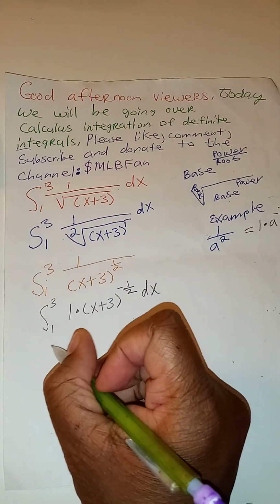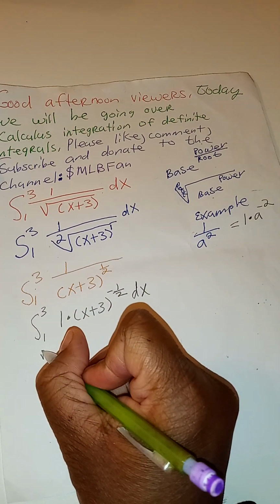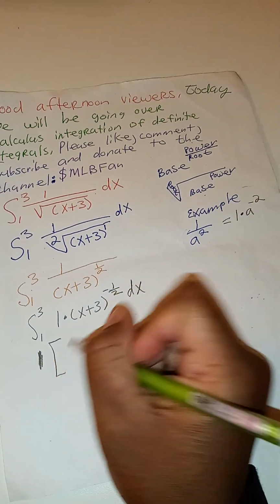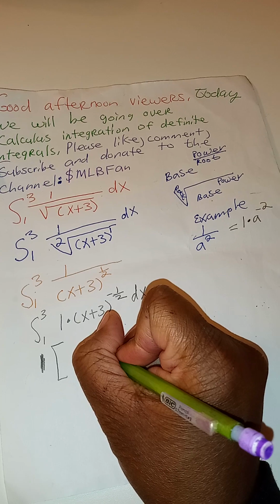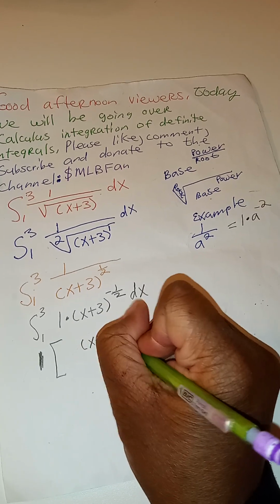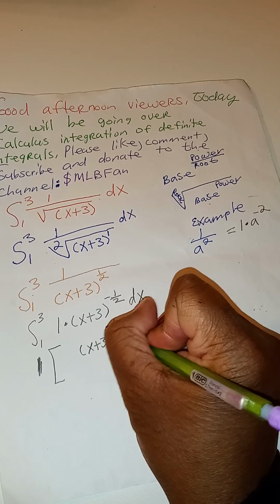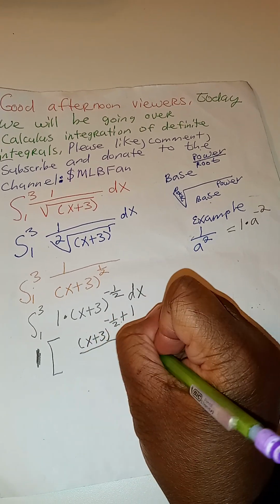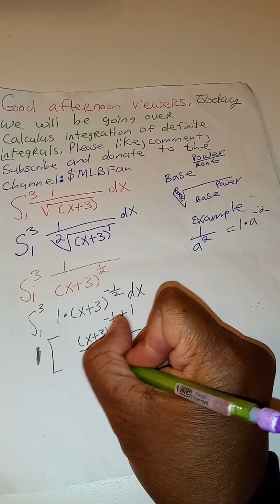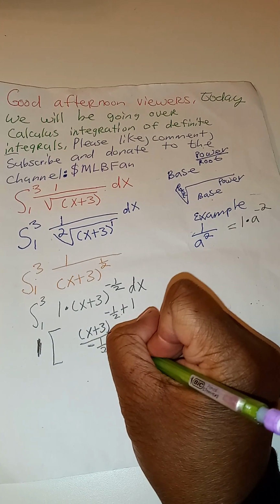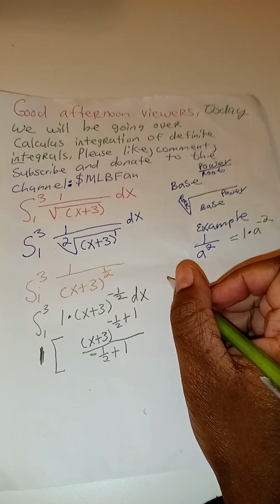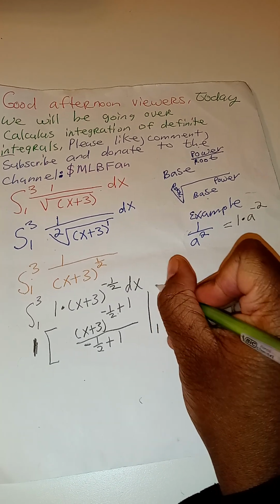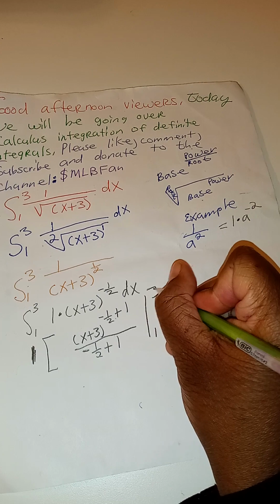Let's factor that 1 out. And so this is going to become x plus 3 to the negative 1/2 plus 1, divided by negative 1/2 plus 1, and then from 1 to 3.